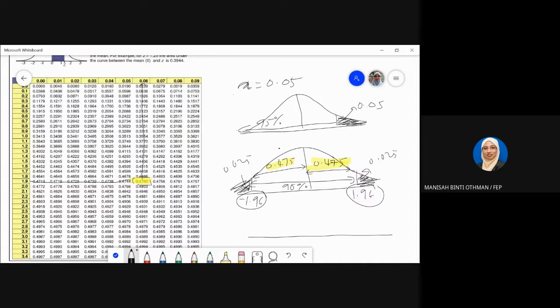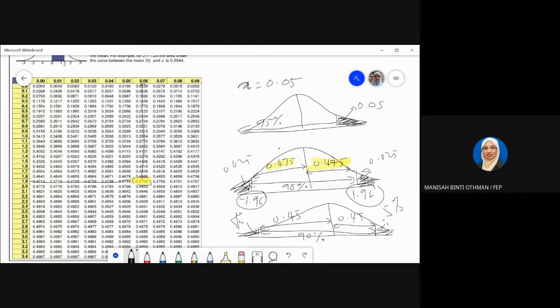Similarly, let's say 90% in the middle. This means this tail is 5% and this is 5%. So the total on the left side is 0.5 and on the right side also 0.5.